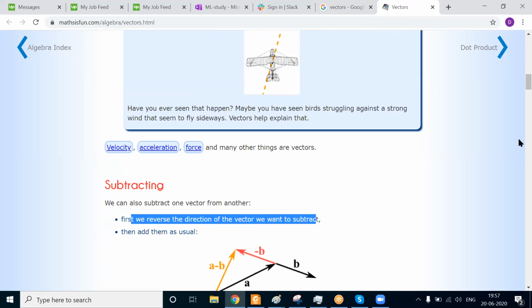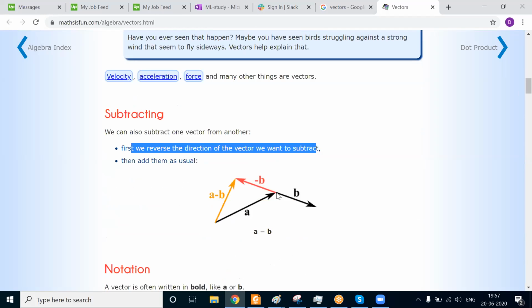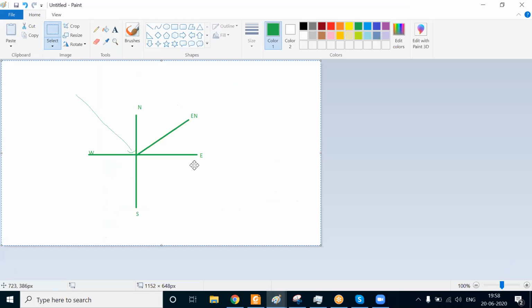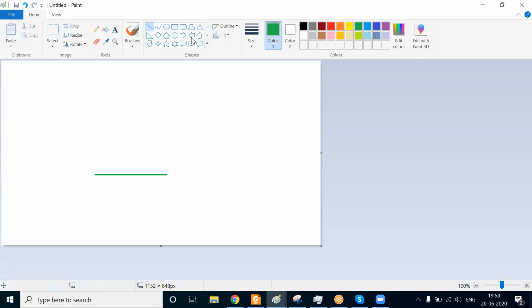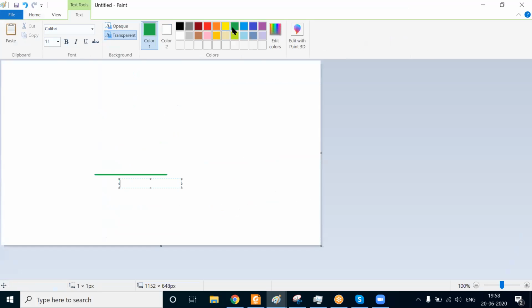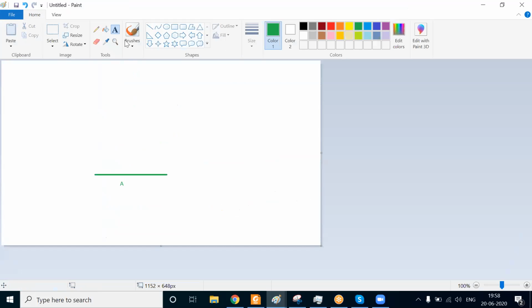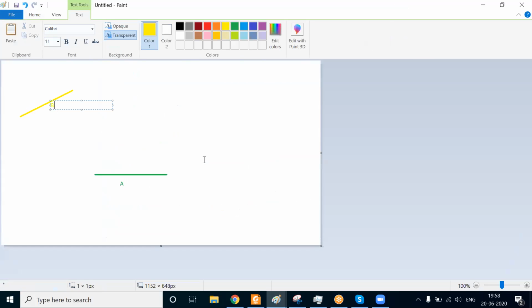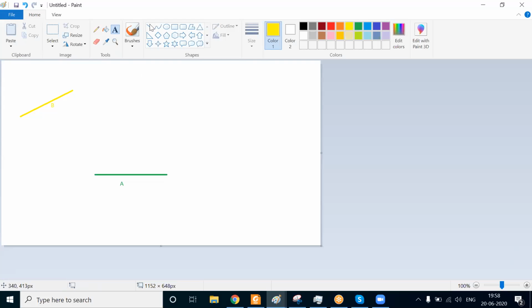First, we reverse the direction of the vector. So this is my vector A, and similarly this is my vector B. Now, if I do A plus B, then obviously it is going to be like this.